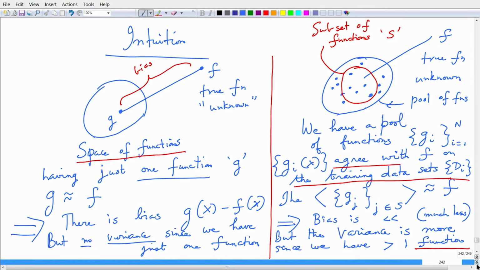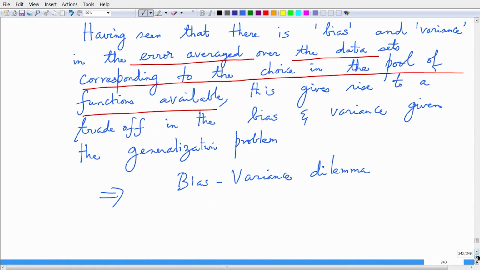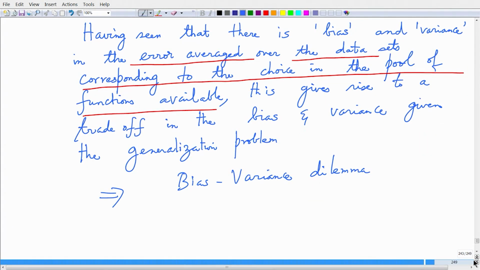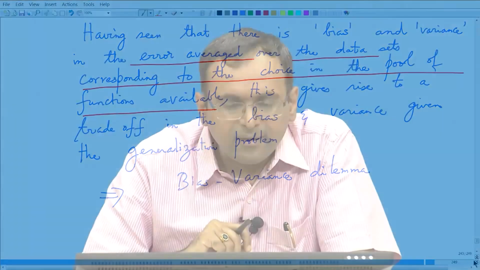Now, having seen that there is bias and variance in the error averaged over the data sets, because you have a deviation from the estimate of this function that you have evaluated over the data set to the true unknown function, there is an error, and now you can compute the statistics.